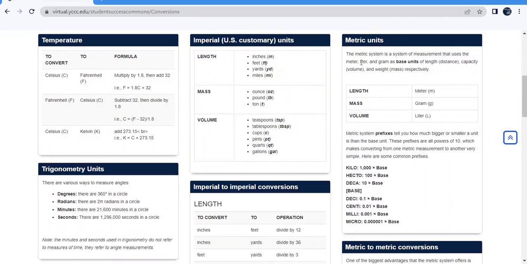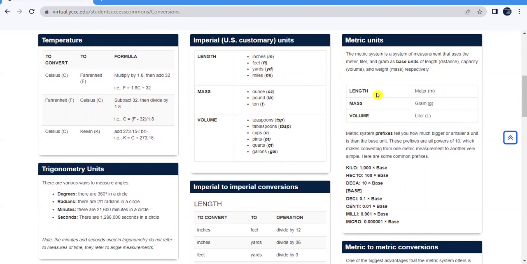And the metric system is what I want to focus more on, because we see this a lot in the sciences. The metric system uses three base units, at least ones we're going to use. For length, it's meter, mass is gram, and volume is liter. The metric system also employs prefixes that tell you how much bigger or smaller the unit is from the base unit.